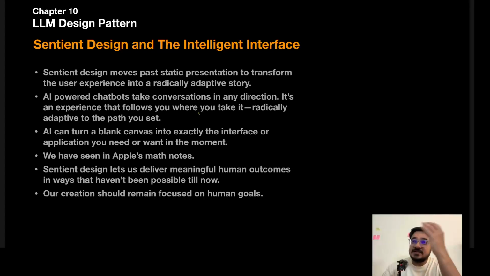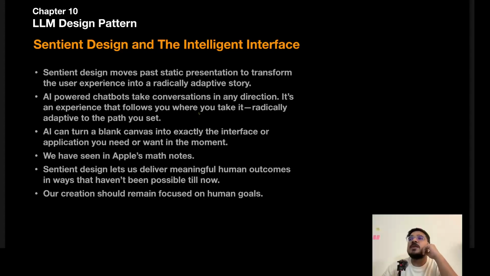It is changing your UI based on what you are currently doing on the screen, in the apps. That's a good mental model to think about whenever we are thinking about sentient design in the future. And also, sentient design lets us deliver meaningful human outcomes in ways that haven't been possible till now.